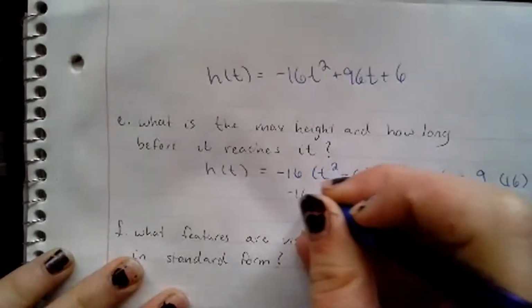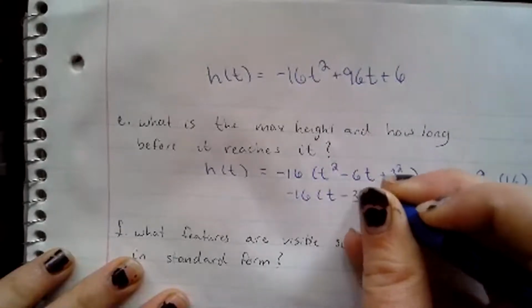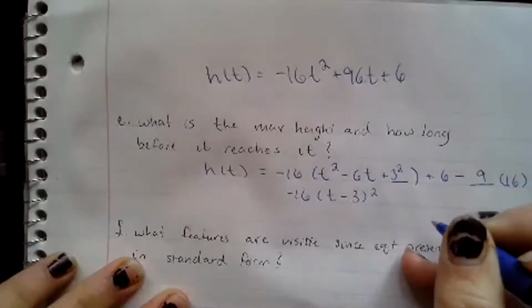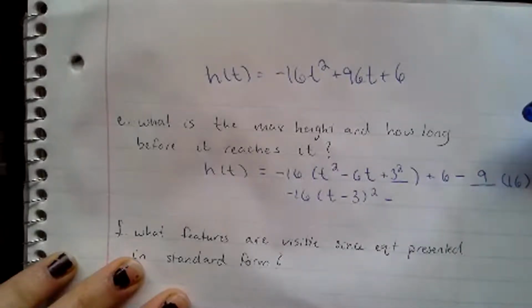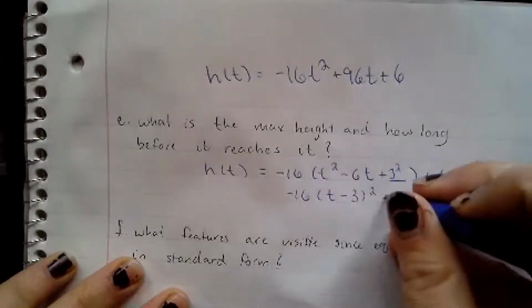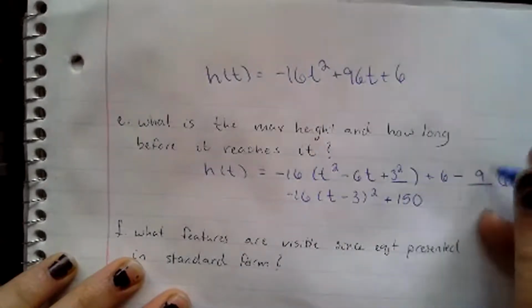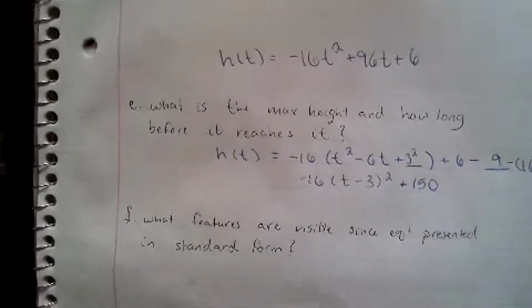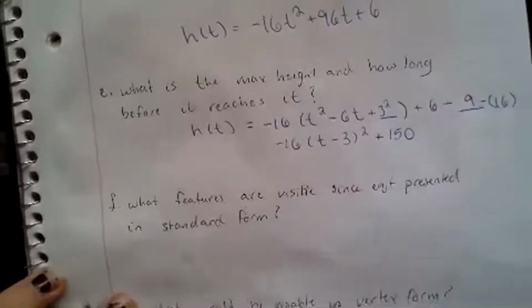So we end up with negative 16 times t minus 3 squared. I believe it's minus 150. Oh, plus 150, sorry, because we subtracted it from the other side. That's right. So plus 150. Oh, and it's because this is negative 16. That's where I was going wrong. I thought I made a mistake somewhere else earlier, but it's because I forgot that it was multiplied by negative 16. That's where I got tripped up.